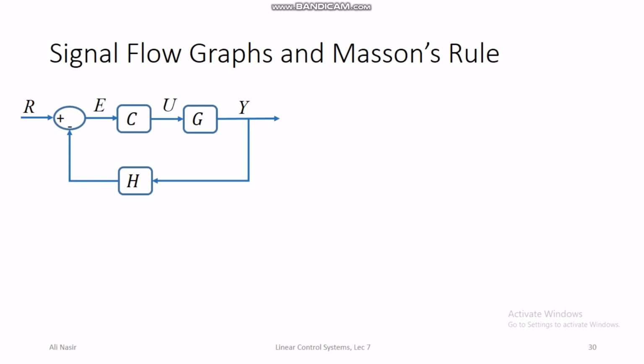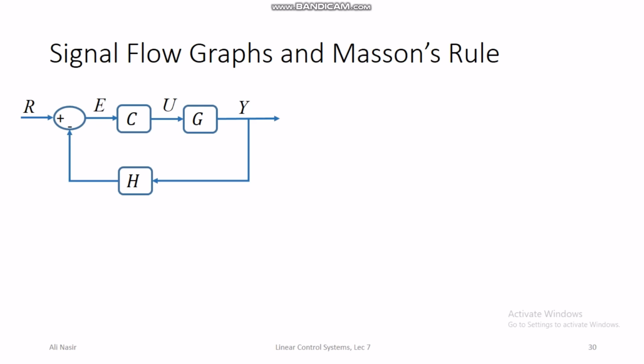Before I describe Mason's rule to you, I have to describe something that is used for applying Mason's rule, which is the signal flow graph. A signal flow graph is something that is similar to a block diagram, but there are some key differences.